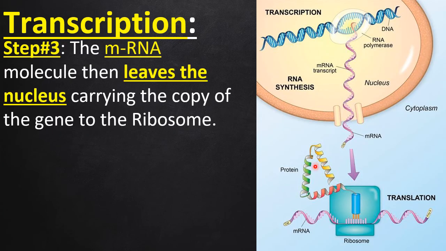During step 3 of transcription, the mRNA molecule then leaves the nucleus, carrying the copy of the gene to the ribosome. You can see this happening in this picture. Transcription happening in this little bubble where the helicase unzipped the DNA, the RNA nucleotides came to this area, and RNA polymerase put them together, and out comes the mRNA molecule, carrying a single gene with the instructions for a single protein that has a specific shape to form a specific trait.